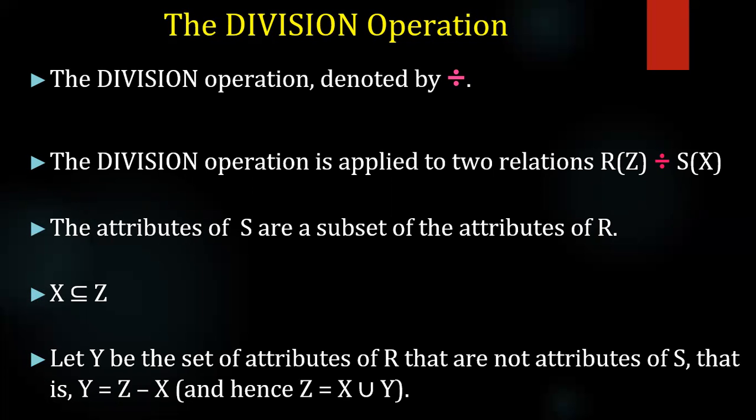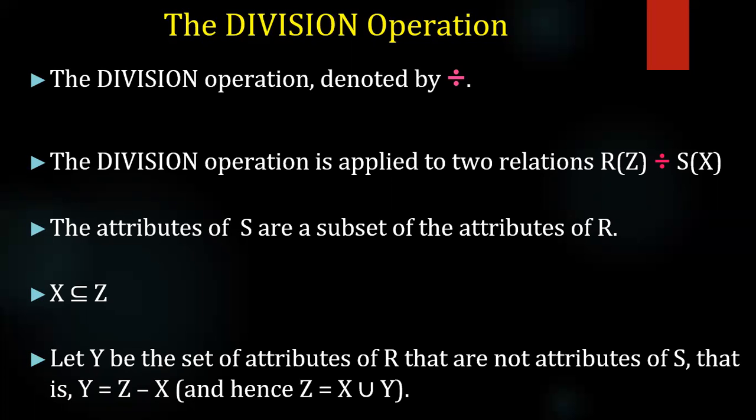If we apply union on the attributes of the resultant relation and the attributes of the denominator relation, we get the attributes of the numerator relation. So we have observed how the division operation is derived with the help of basic operations.